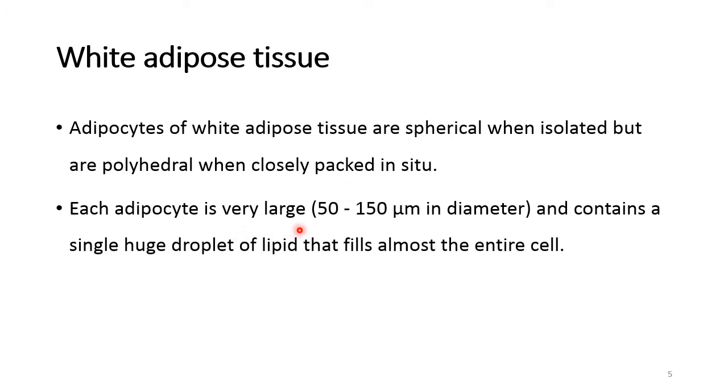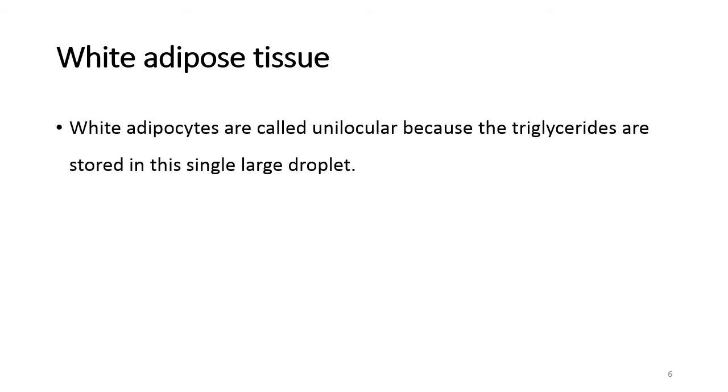Each adipocyte is very large, 50 to 150 micrometers in diameter, and contains a single huge droplet of lipid that fills almost the entire cell. The white adipocytes are called unilocular because the triglycerides, which is the fat, are stored in this single large droplet.